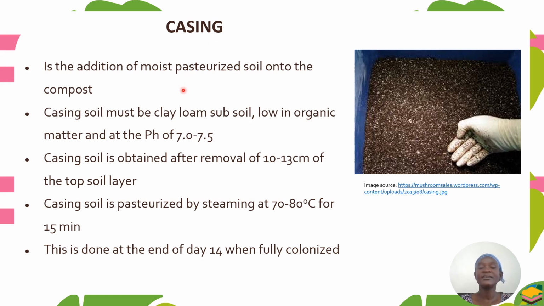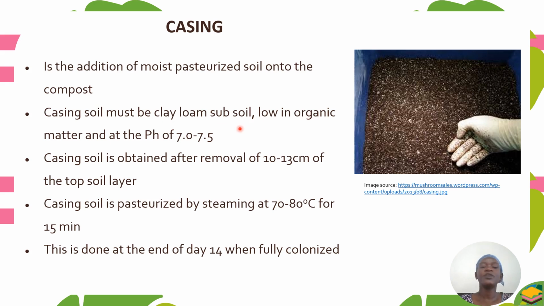So students, we need to understand the term casing. We are saying casing is the addition of moist pasteurized soil onto the substrate or compost. The soil which will be used for casing must be clay or loam subsoil, must be clay loam, and should come from subsoil.